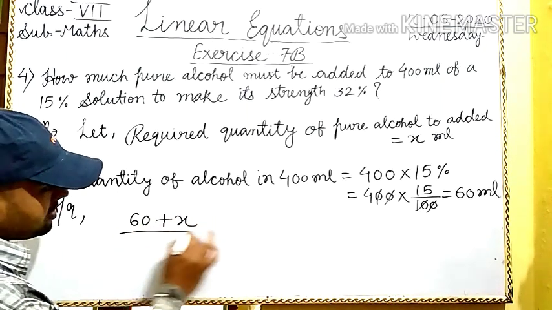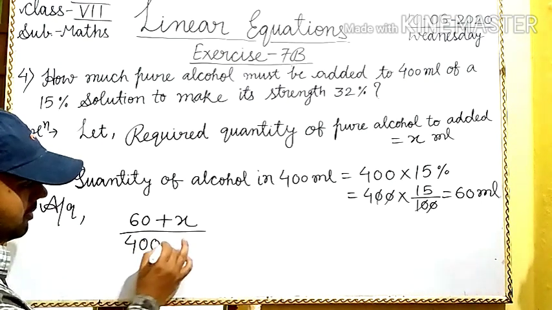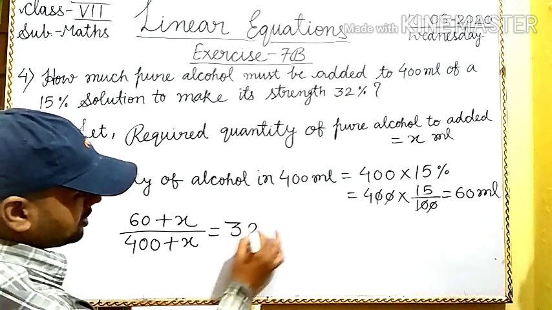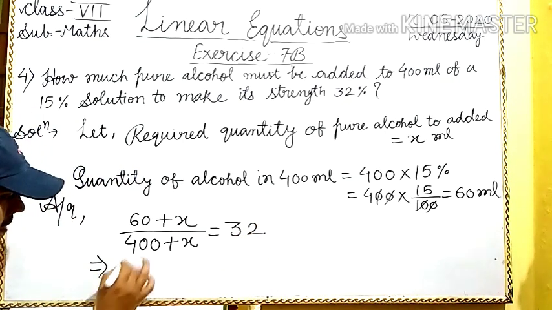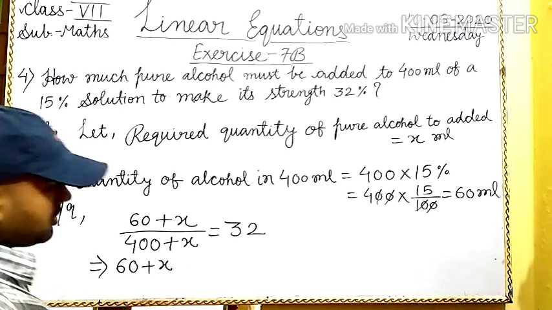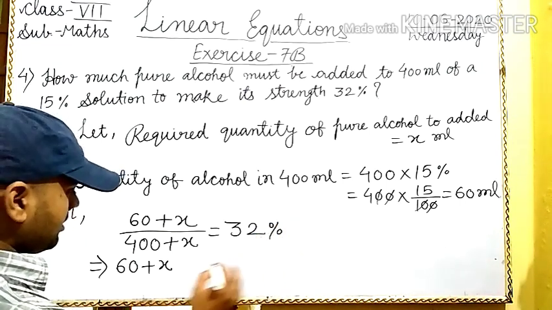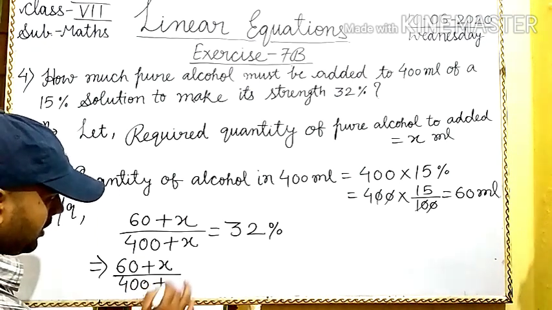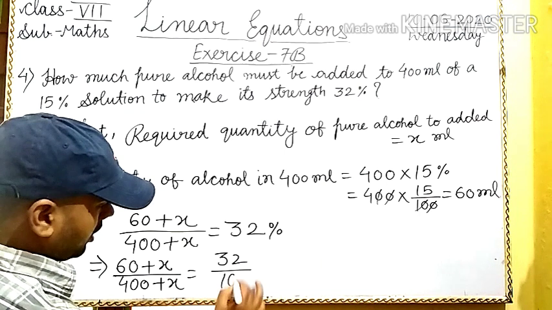The complete solution changes to 400 ml plus x, to get a strength of 32%. So (60 plus x) upon (400 plus x) is equal to 32 upon 100.